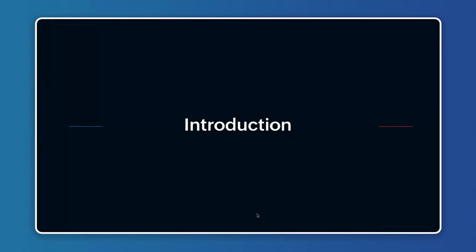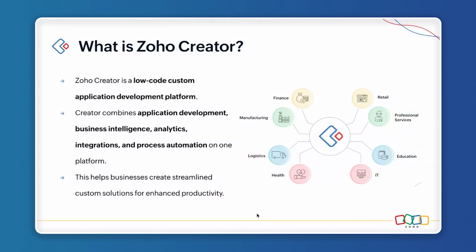Introduction. There might be some new people here in the session, so I'll give you a quick overview of what Zoho Creator is before discussing the industry that we took for today's session. So what is Zoho Creator? Zoho Creator is a low-code application development platform. It is not only an application development platform, but a combination of app development, business intelligence, and analytics.